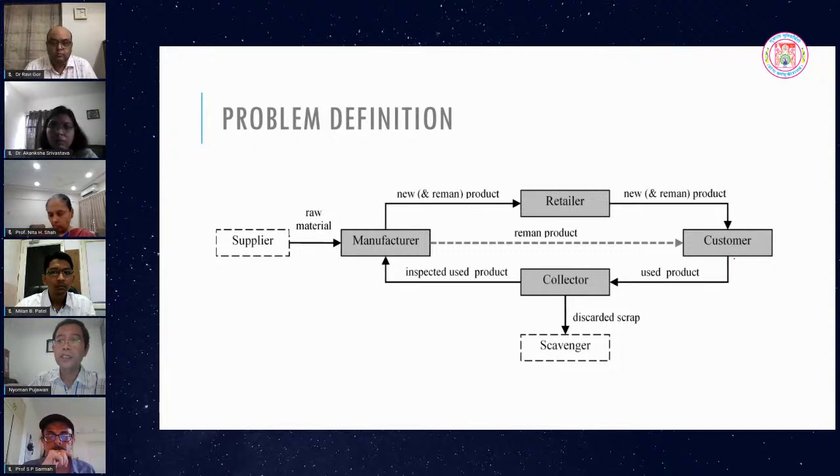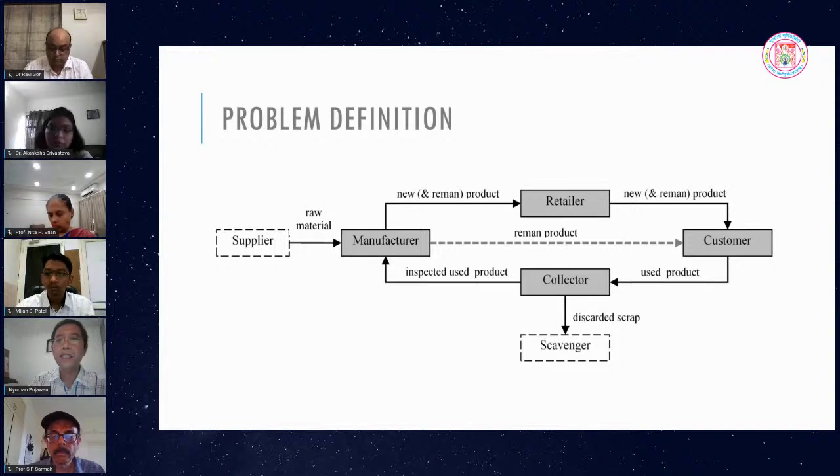And when the product is no longer usable, there is a possibility to collect those used products for remanufacturing. So this manufacturer is doing both manufacturing of new products as well as remanufacturing of used products. And the issue here is to find the pricing decision.